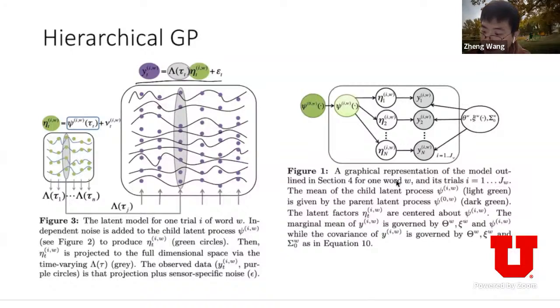In this way, the observation is like a low rank approximation, and they further put some Gaussian process prior over eta here, and eta is further a noisy observation of some function, and this function is formulated in a 2-level hierarchical Gaussian process prior way.